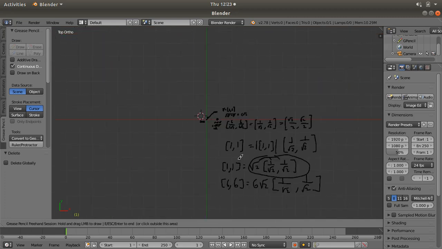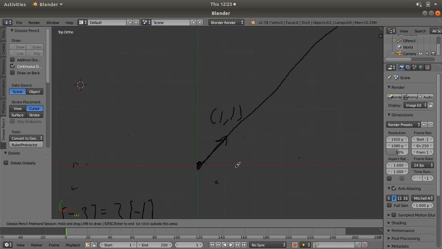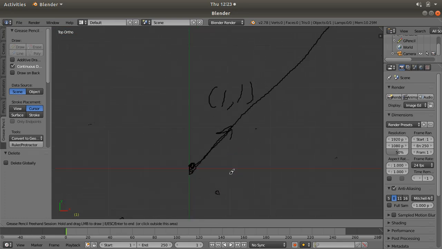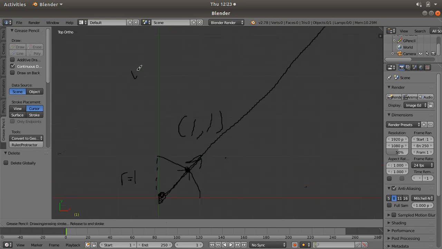So this direction vector, root 2 over 2, if you draw it in a unit circle, has a radius of 1. The point of intersection makes a direction vector, and this direction vector has a length of 1. It's equal to root 2 over 2, comma root 2 over 2.